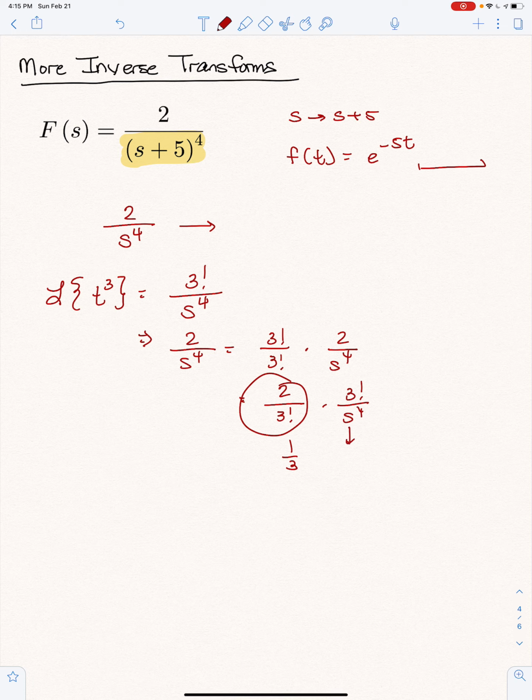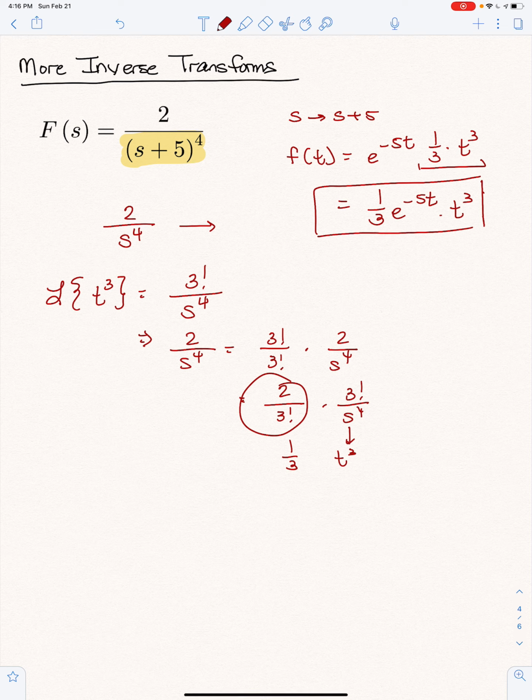This corresponds back to t to the 3rd. So that means that it was 1/3 t to the 3rd. So that means that my function is e to the negative 5t times 1/3 times t to the 3rd, or 1/3 e to the negative 5t t to the 3rd. And there's our first inverse transform. Okay, at least with shifting.